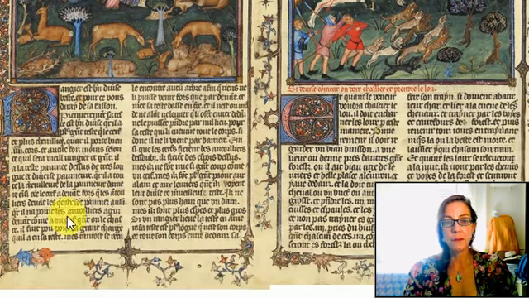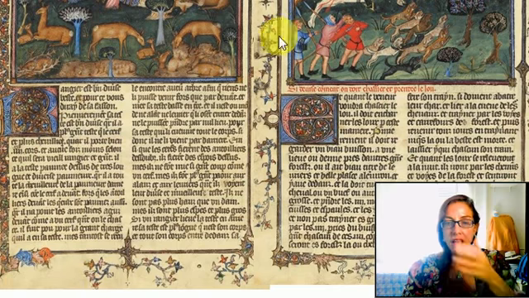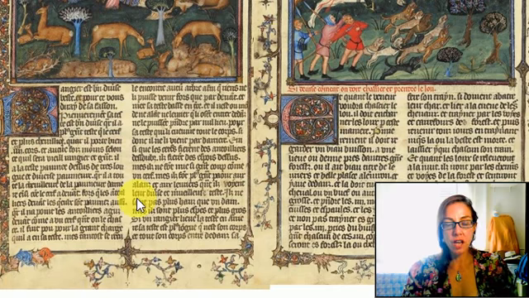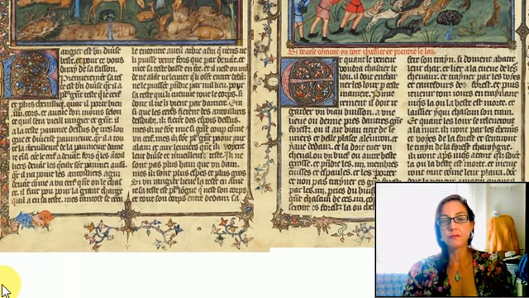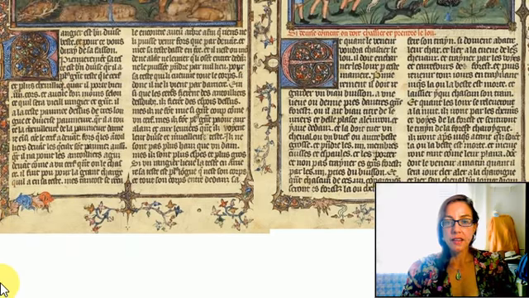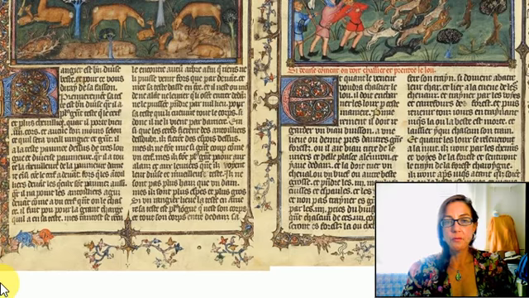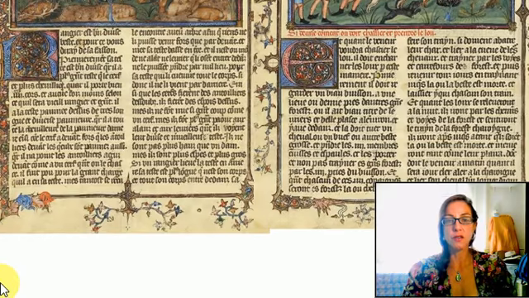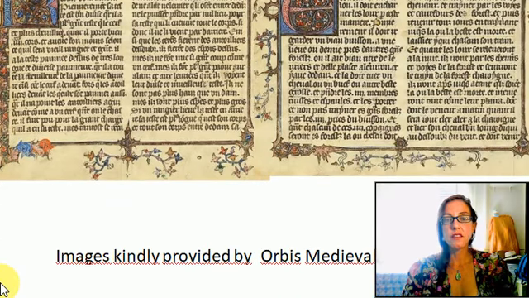There are margins up and down, and also inner and outer margins, but I couldn't find that they respect the secret canon. I'm going to explain. By the way, these images were kindly provided by Orbis Medievalis, and they are on sale. You can buy them if you want.